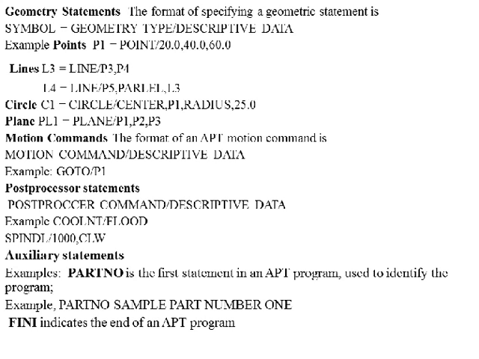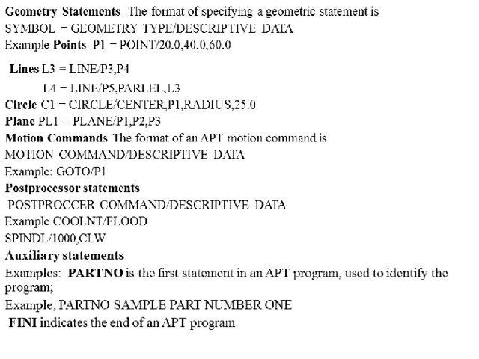Similarly, for post-processor statements, the format is post-processor command slash descriptive data. For example, if we want to turn the coolant on, we write coolant slash flood. It indicates that the coolant has to be turned on and flooded.